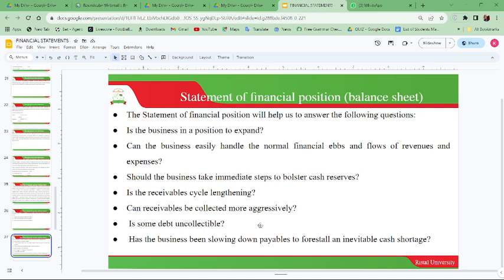Can receivables be collected more aggressively? Is some debt uncollectible? Has the business been slowing down payables to forestall an inevitable cash shortage? So those are the questions that it helps us to answer.